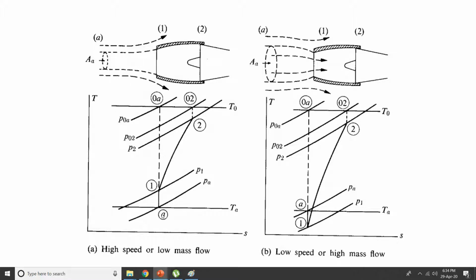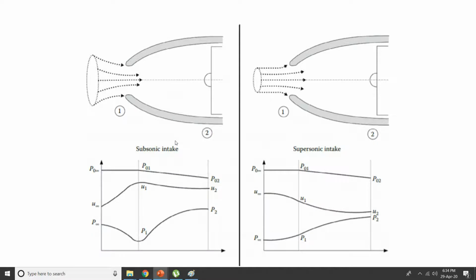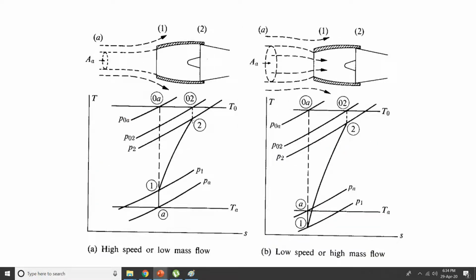So from point A to 1 there is a change in velocity, and from 1 to 2 it is adiabatic compression. Therefore 1 to 2 is your adiabatic compression. This is on a TS diagram, your temperature versus entropy diagram.